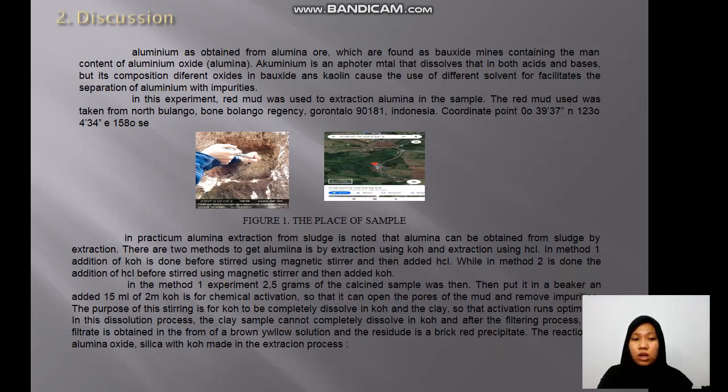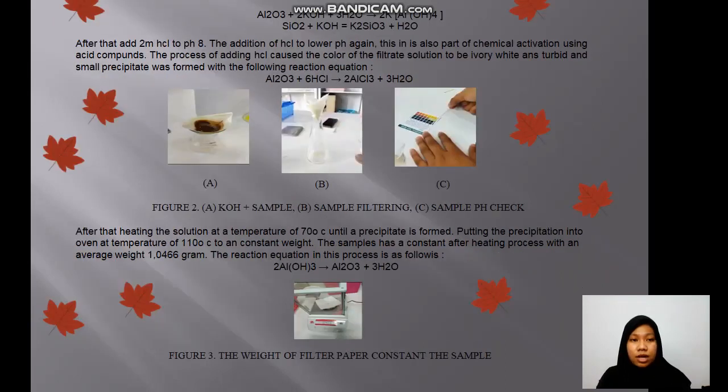In this dissolution process, the clay sample cannot completely dissolve in KOH, and after the filtering process, the filtrate is obtained in the form of a brown-yellow solution, and the residue is a brick red precipitate. Next, add 2 M HCl to pH 8.